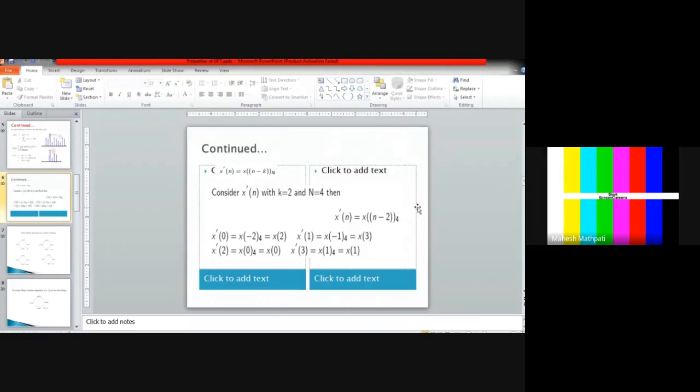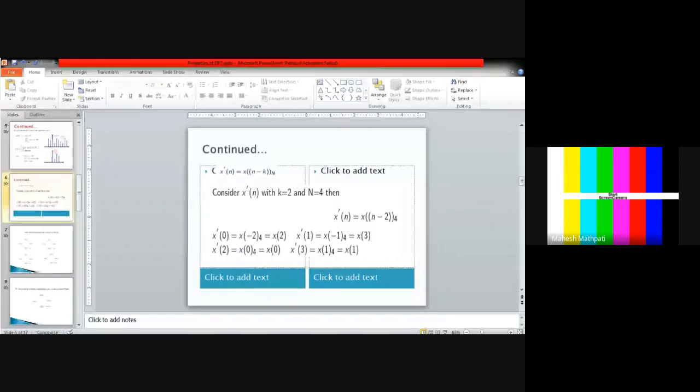Now let us see. x dash of n equals x of n minus k. If I take k equals 2 and n equals 4, then just note this down: x dash of n equals x of n minus 2 modulo 4.